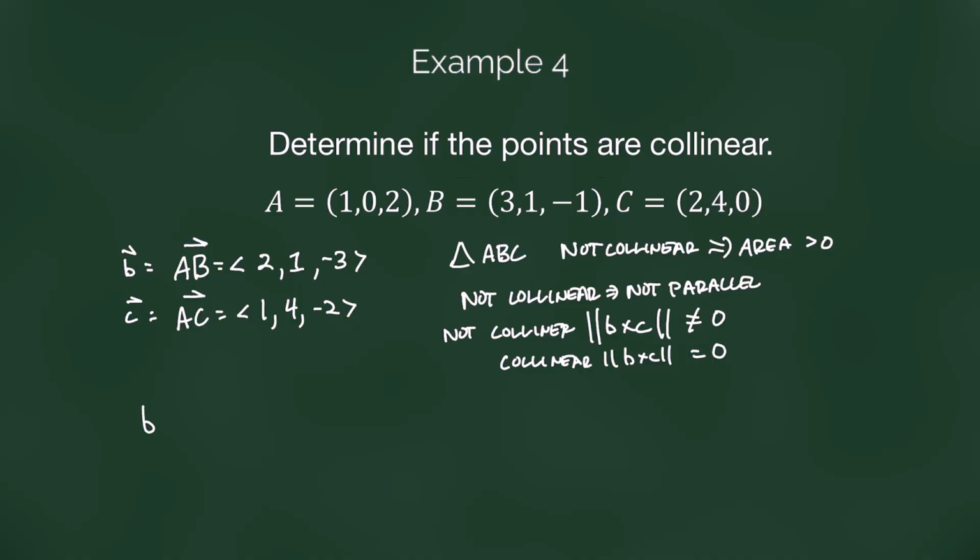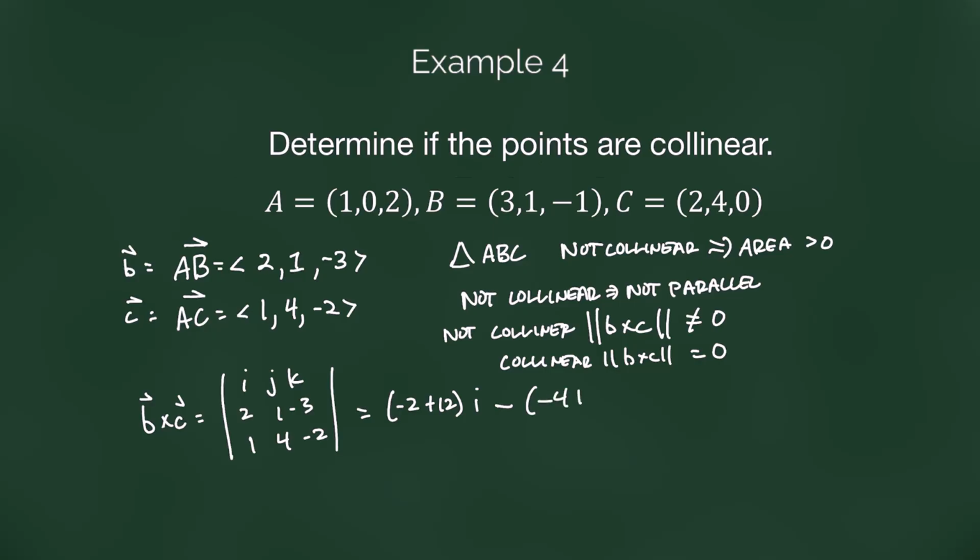So we're going to look at B cross C, and that is going to be the vector we get from this determinant. So I'm going to do 1 times negative 2, which is negative 2, minus negative 3 times 4, which is negative 12, so negative 2 plus 12 times i, minus, and then 2 times negative 2, minus negative 3 times 1, so plus 3 times j. We can already tell that this is a non-zero vector, which means it's going to have non-zero magnitude.